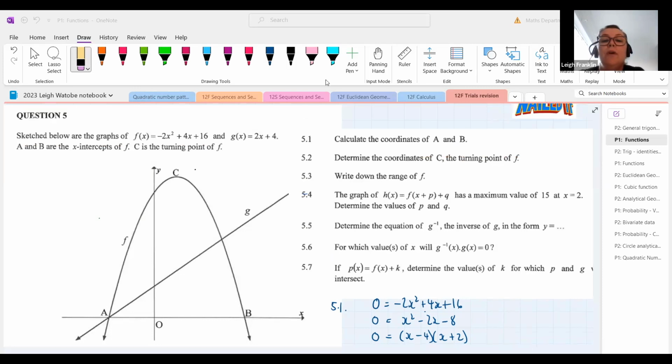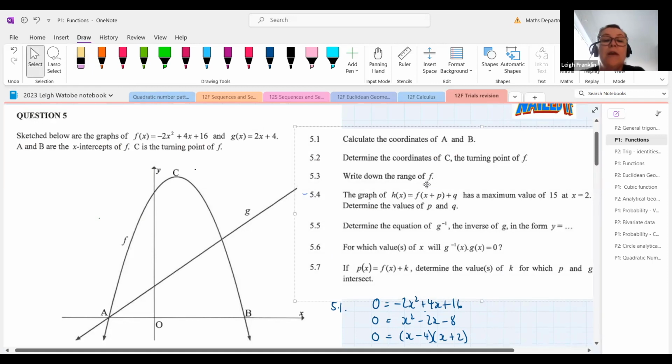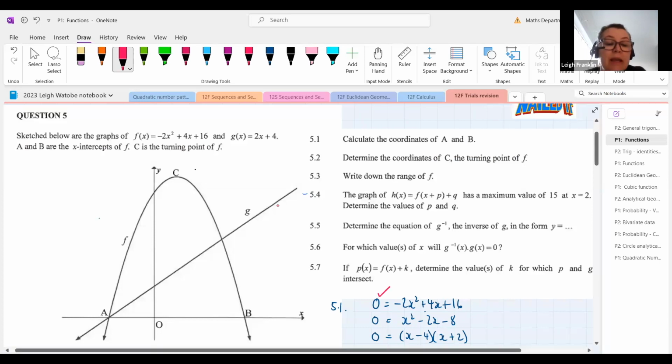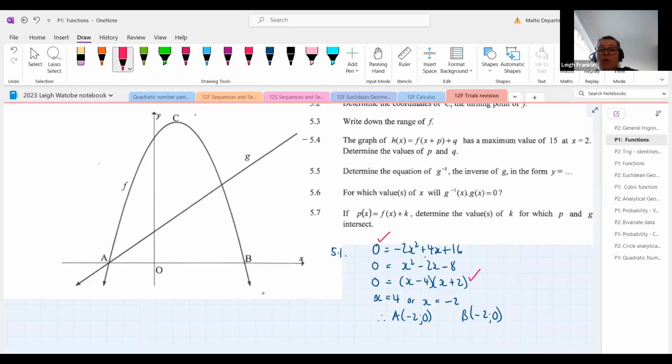Good, lovely, Gaudi, perfect. Okay, so question 5.1 was out of 3 marks. Here they're going to give us a mark for making it equal to 0 because A and B are the x-intercepts, so y would be 0. Then they often love to give us a mark on our factors, and then our last mark would be on the answers.